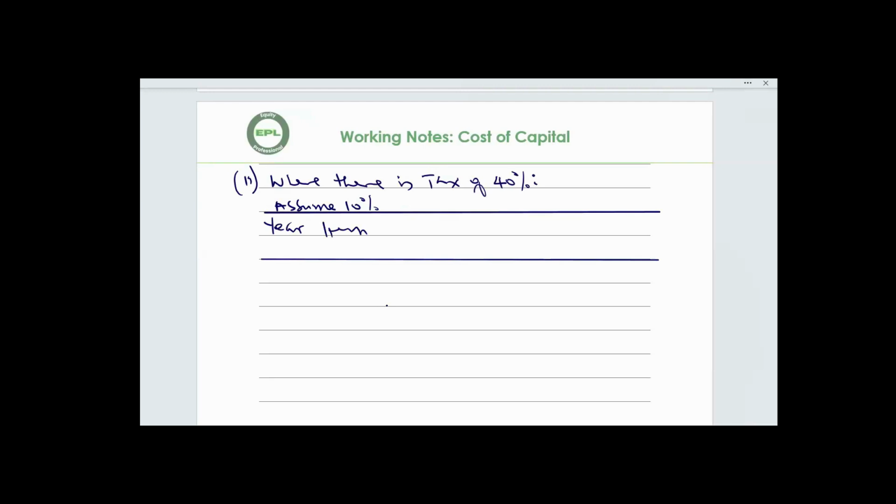Item, let me write it. Cash flow. Discount factor. Then PV. This is 10%. Year 0, 1, 2, 3.